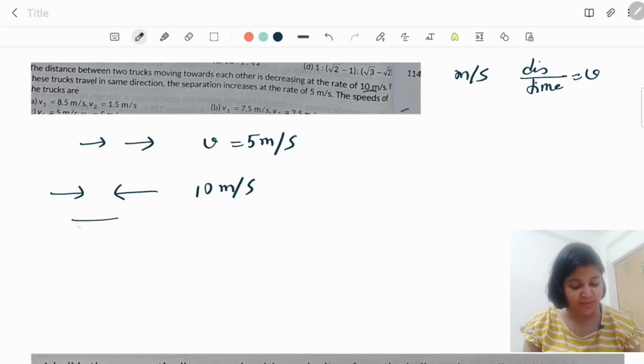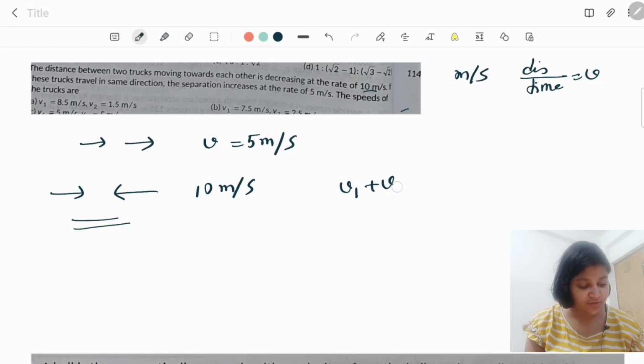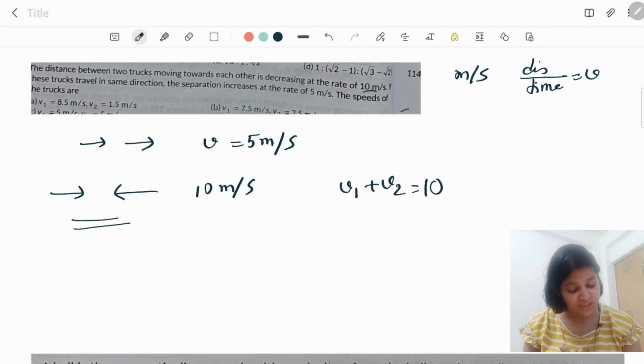So when two objects are moving towards each other, their relative velocity adds up and it appears that they are moving faster than they actually are. Let me say that one truck has a velocity v1 and the other truck has a velocity v2. These two velocities will add up and become more than their original velocities.